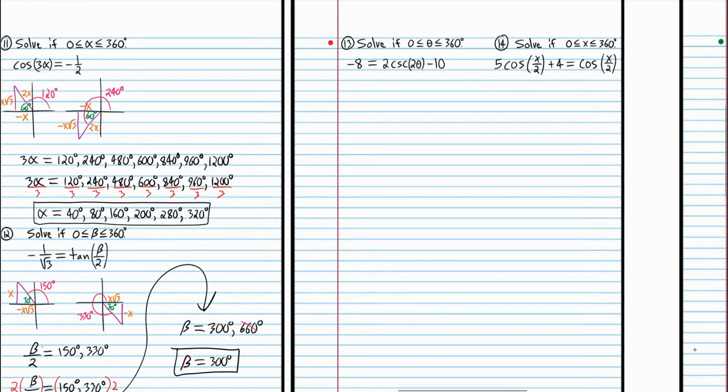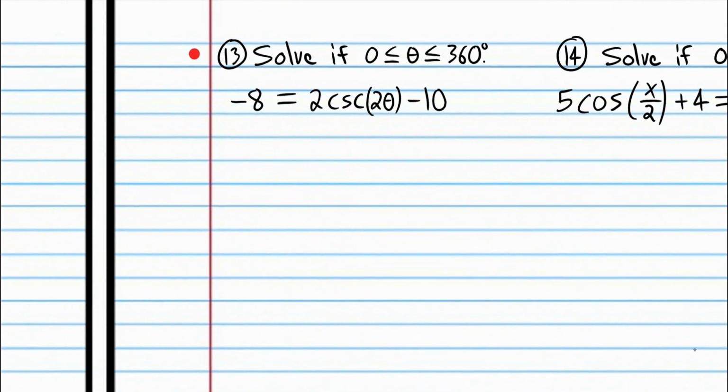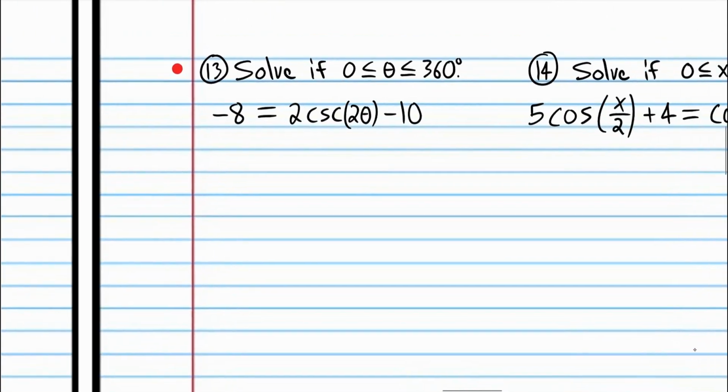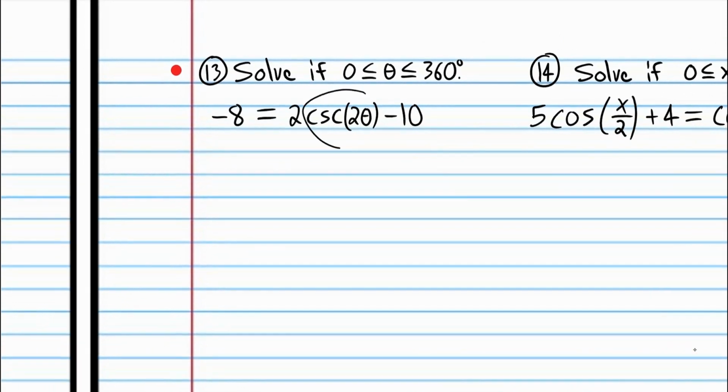Okay, let's do a few more problems here. So now we're going to deal with quadrantal angle problems, and you see that the trigonometric function is not isolated. We have to get this trigonometric function by itself. It's not by itself because the negative 10 and the 2 are next to it.